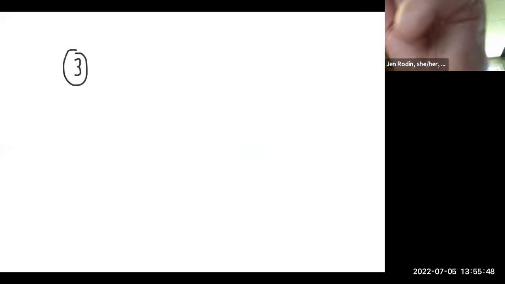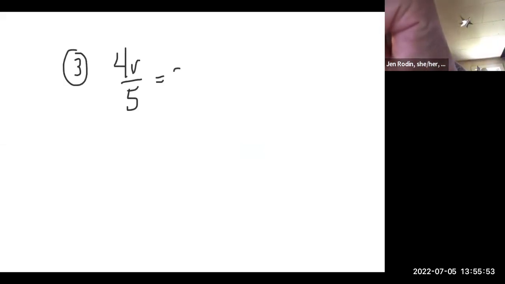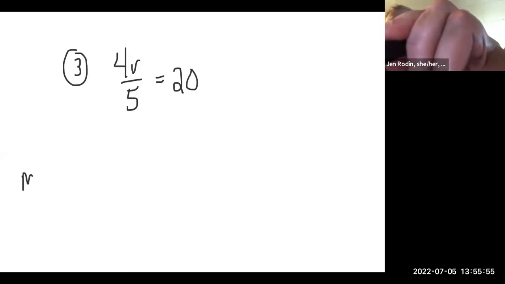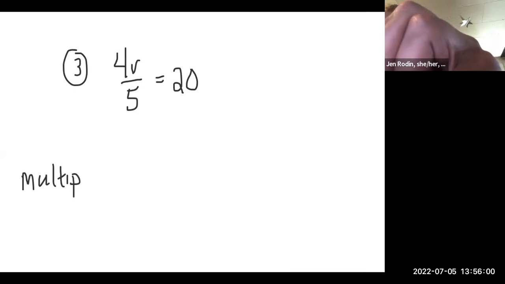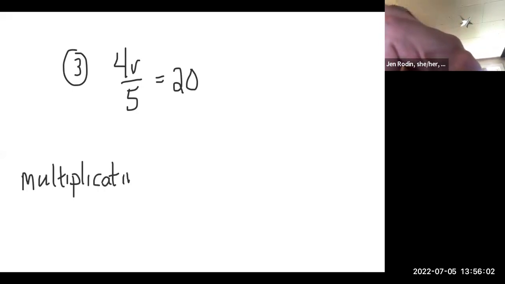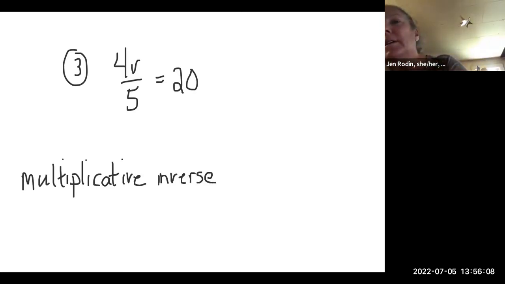All right, I didn't forget our friend 4v over 5 equals 20. Now the multiplicative inverse is the easiest way to do this one. It's not the only way. The multiplicative inverse of what's with the variable, which is this, is the reciprocal.